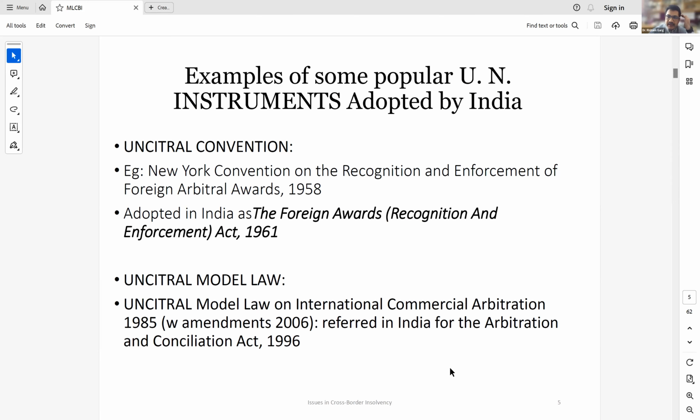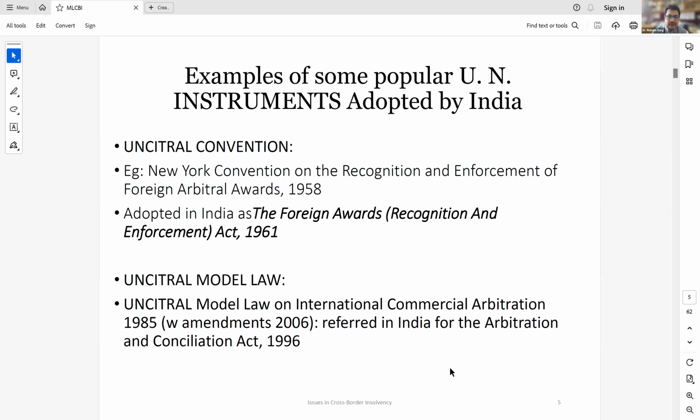So how to understand these instruments? There is work going on in the UN and UNCITRAL, and how to understand these various types of instruments, which you understand as the convention and the model law. Some of the best examples I can provide to better understand is the New York Convention on the Recognition and Enforcement of Foreign Arbitral Awards of 1958, which was adopted in India as the Foreign Awards Recognition and Enforcement Act of 1961.